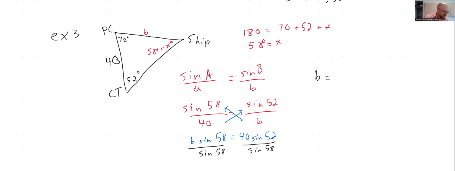I get b equals 40 times sine of 52 over sine of 58, which equals 37.17.